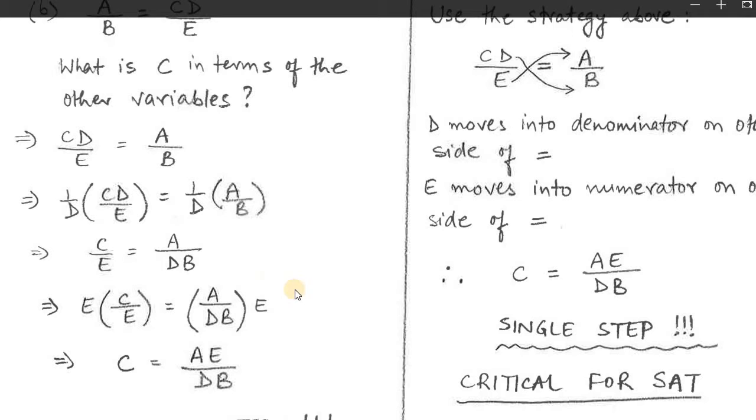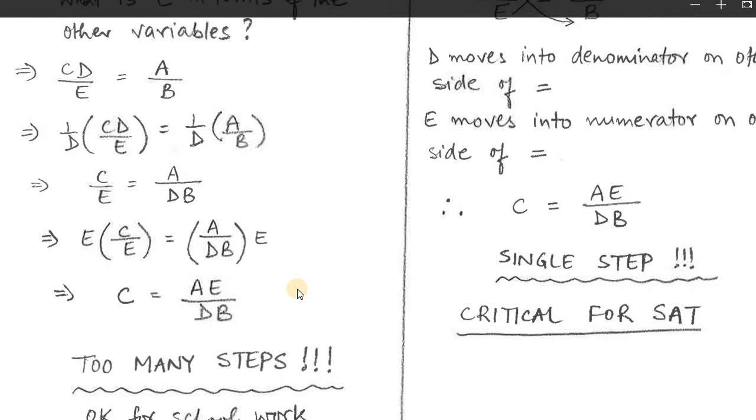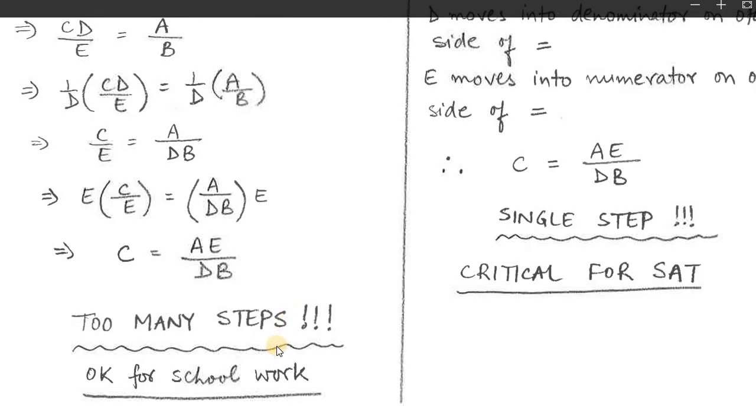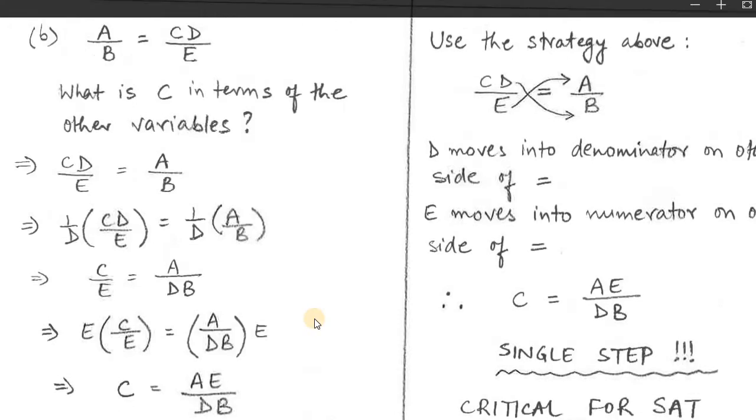That's a long solution, right? Look at the number of steps. Again, it's okay for schoolwork, but we want to save time on the SAT. So again, the strategy is that when you move a number from the numerator onto the other side of the equal sign, it just simply moves to the denominator.